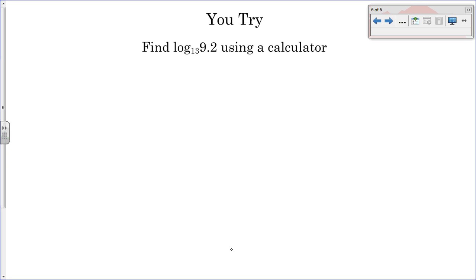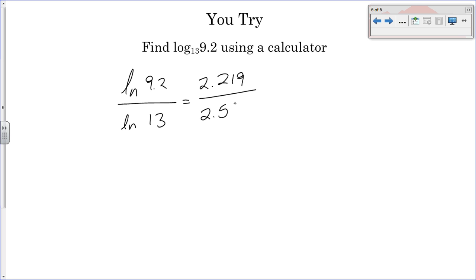All right, so let's go ahead and rewrite this. Natural log of 9.2 divided by the natural log of 13. If you do the natural log of 9.2 first, you're going to get 2.219 divided by the natural log of 13, which is 2.565.